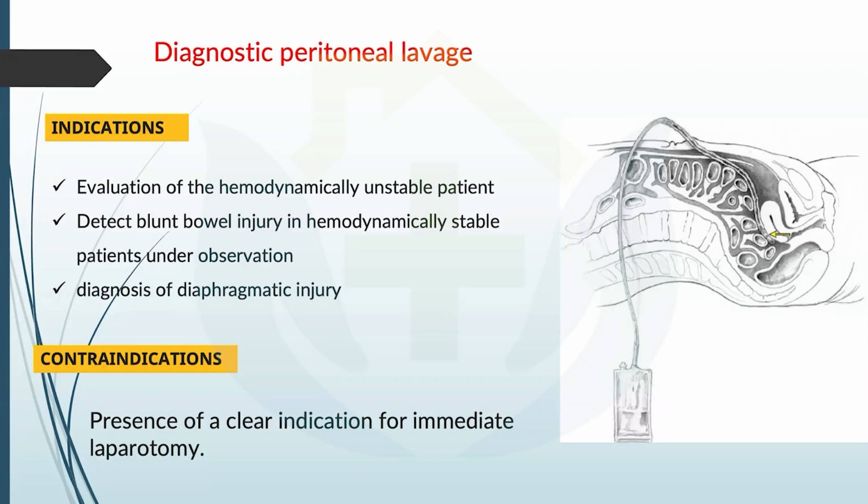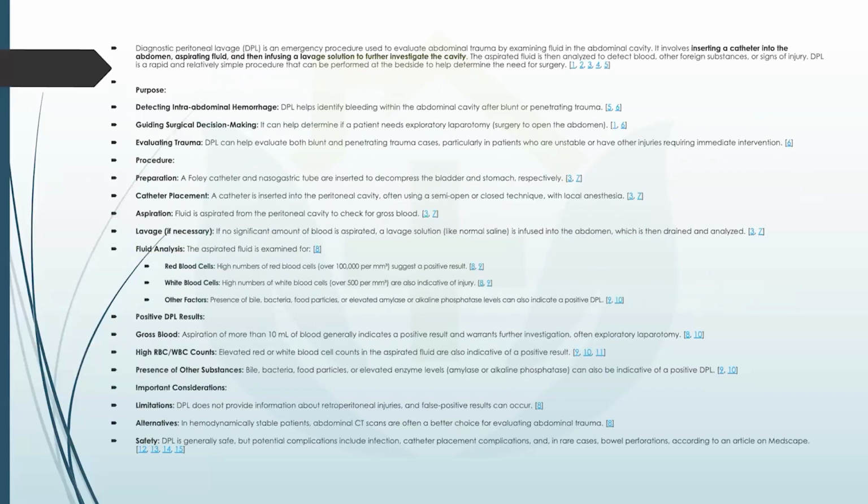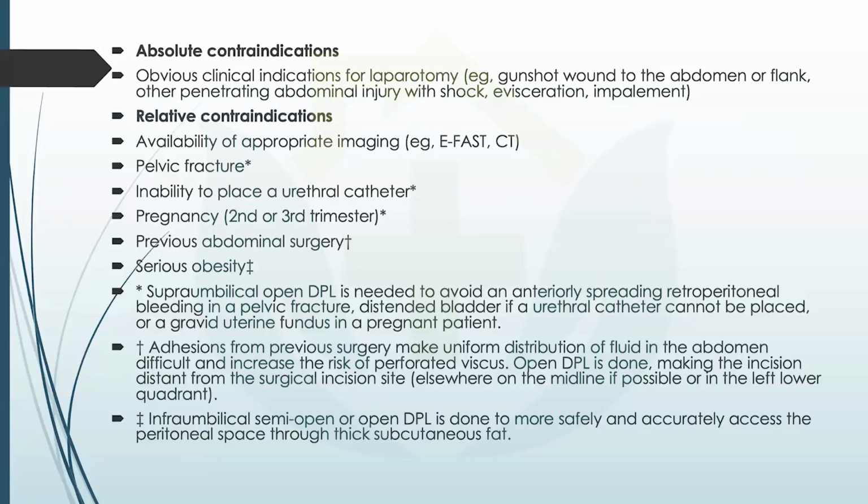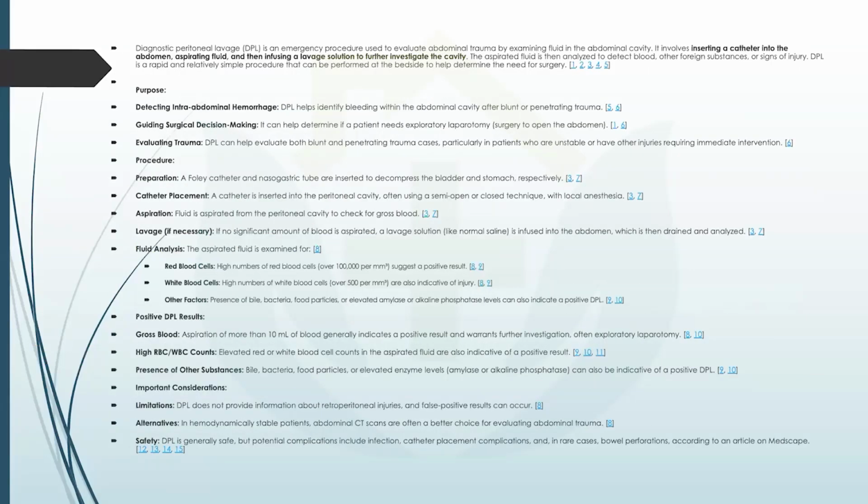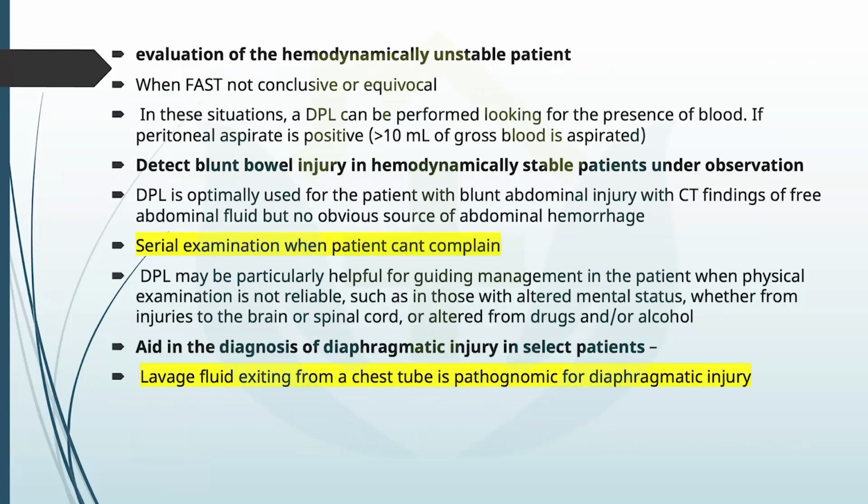In current day practice, this is the only scenario where diagnostic peritoneal lavage is used. So evaluation of a hemodynamically unstable patient where you have a lack of proper care or proper escalation, then only you can do a diagnostic peritoneal lavage.